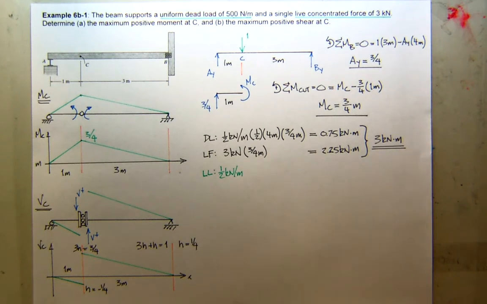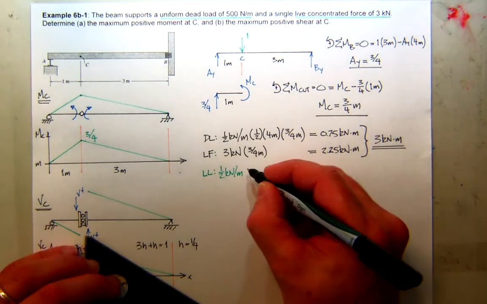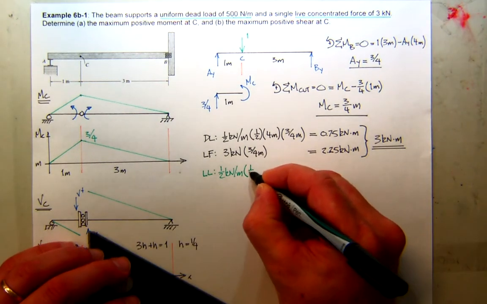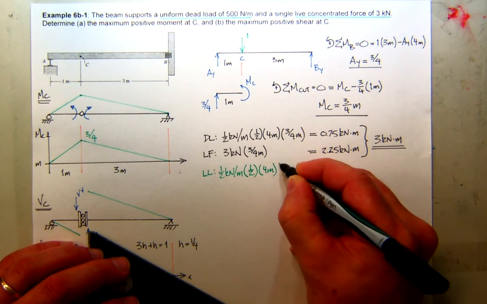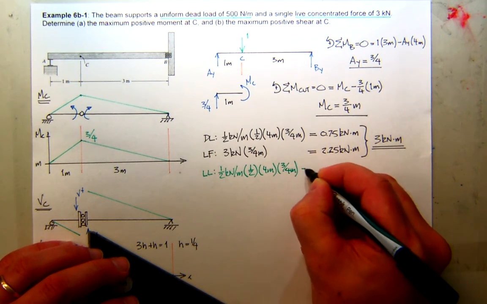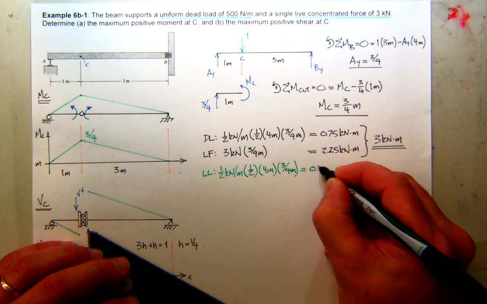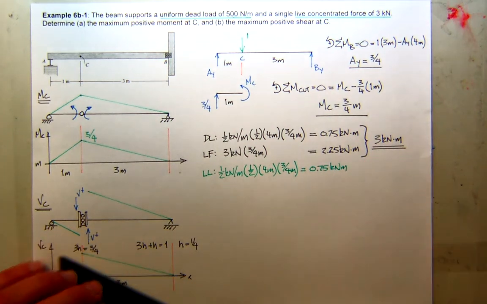Everywhere, right? Because the whole beam is positive. So it would look just like the dead load. It'd be 1/2 the base, which is 4, times the height, which is 3/4, and you would get an additional 0.75 kilonewton meter moment.